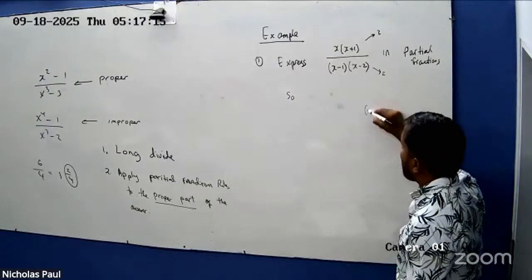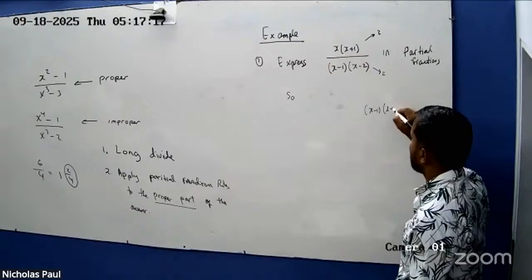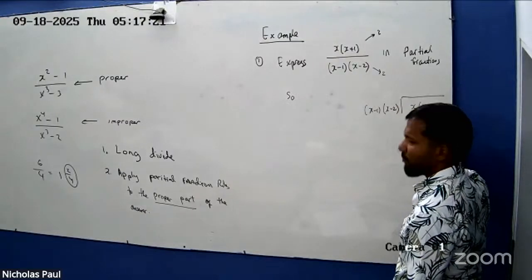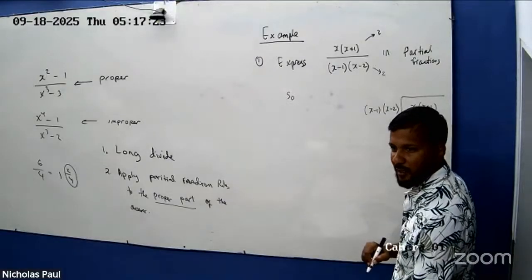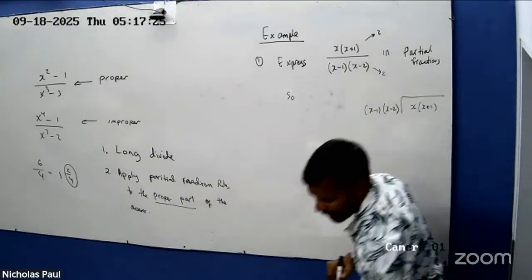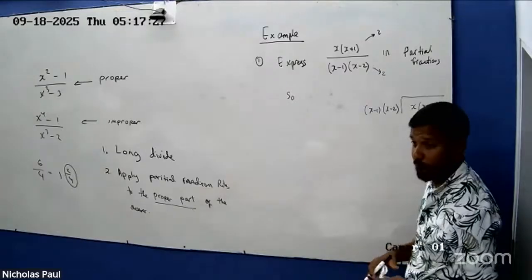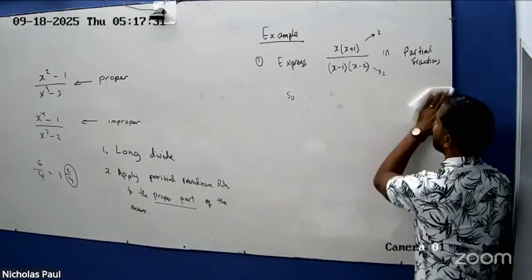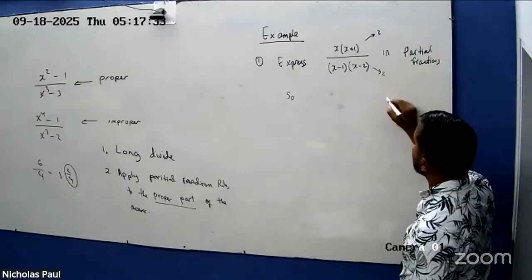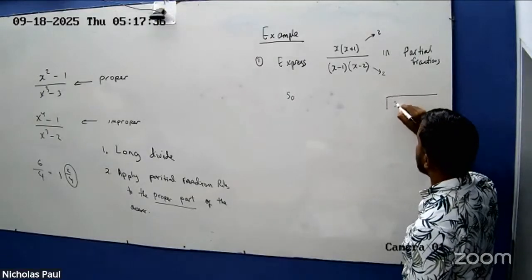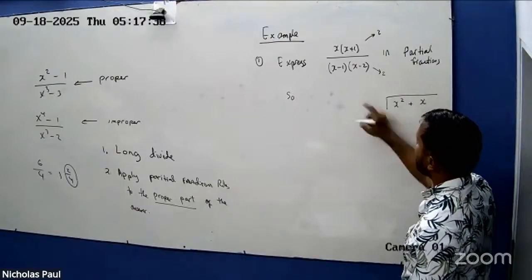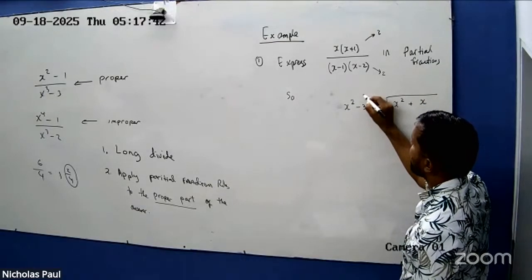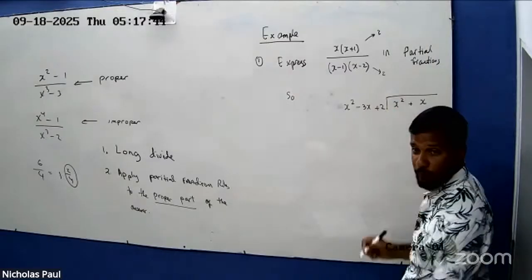Write it like this, and expand it out. When we expand it out, you'll get x squared plus x here, and underneath, you'll get x squared minus 3x plus 2.